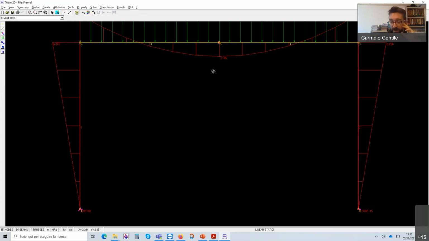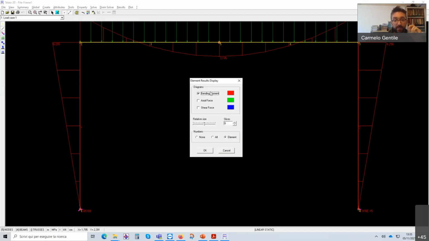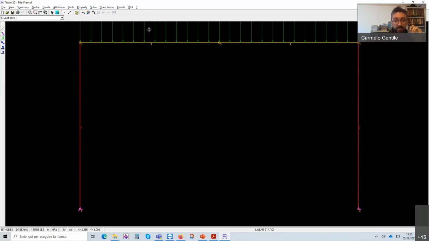So if we vary the distribution of stiffness in a statically redundant structure, not only will the deformations vary, but also the distribution of forces. Let's remove the plot for a moment and check only the displacement. We can see that not only the beam is deforming, but also the columns a little bit, even though theoretically they're not loaded.